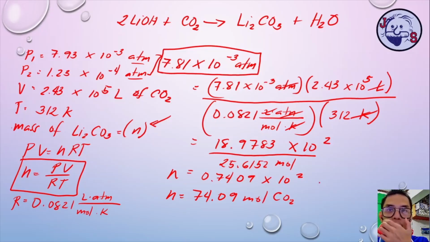Now, the problem is asking what is the mass of the lithium carbonate. So, all we need to do here is the gas stoichiometry. We need to convert this into lithium carbonate. So we have 74.09 moles carbon dioxide.